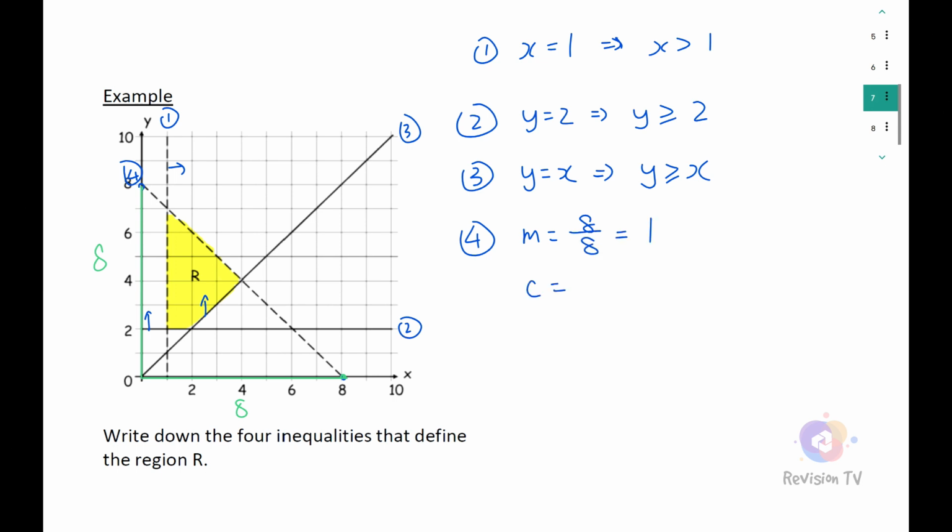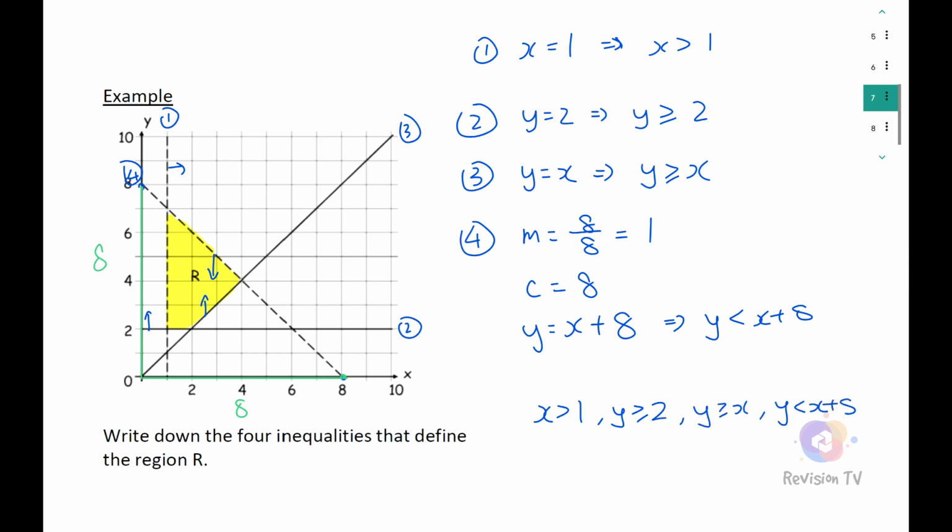The y-intercept is 8, so y equals mx plus c, 1x plus 8. Now, region R is below this line. If y is the subject, it means y less than x plus 8. It's a dotted line, so less than. Therefore, the full answer will be x greater than 1, y greater than or equal to 2, y greater than or equal to x, and y less than x plus 8.